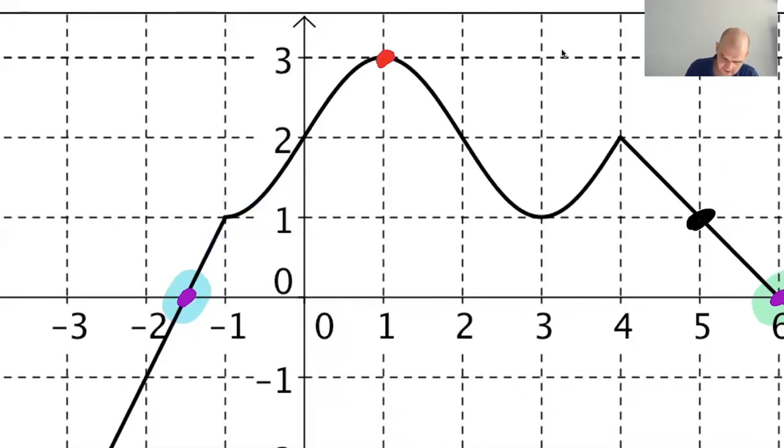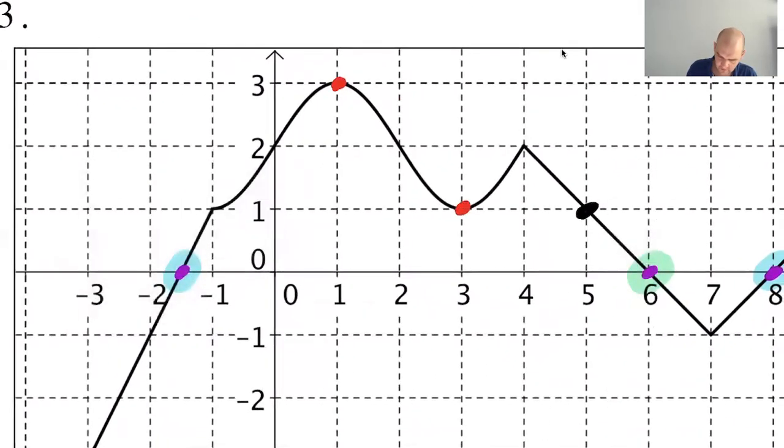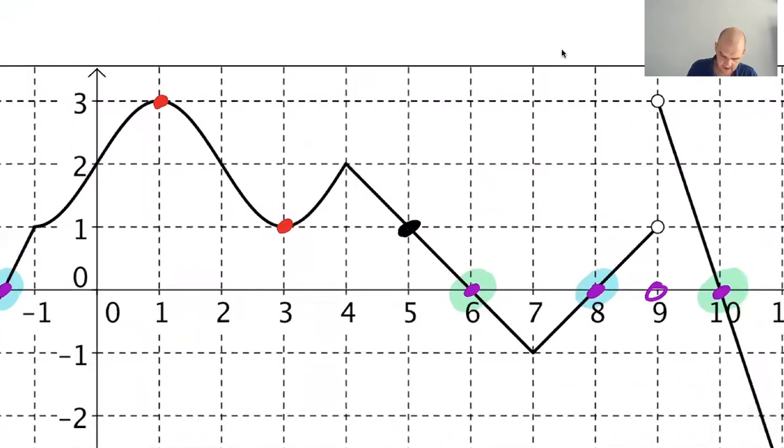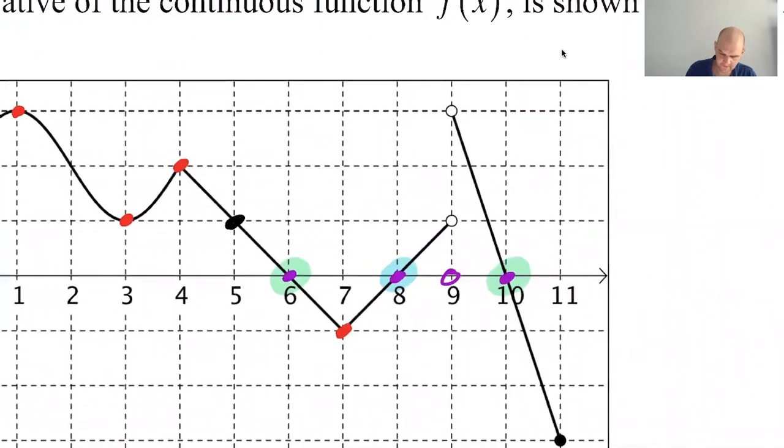So points of inflection for f of x will occur here because f prime has a maximum, here because f prime has a minimum, here because f prime has a maximum, here because f prime has a minimum, and then here because f prime changes from increasing to decreasing.